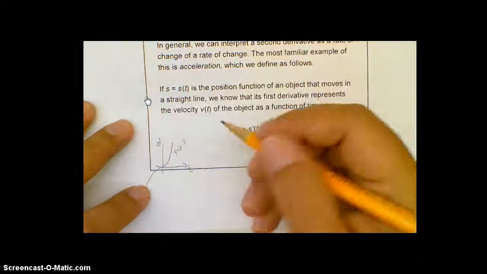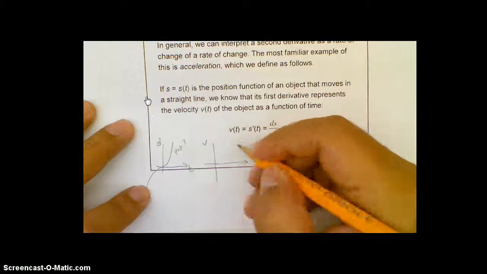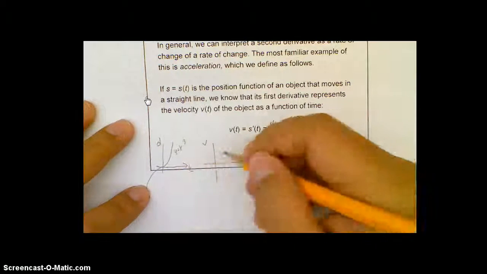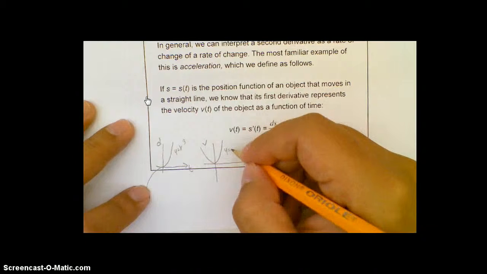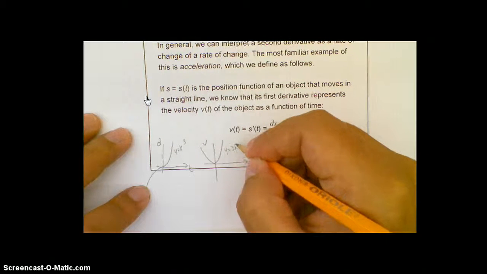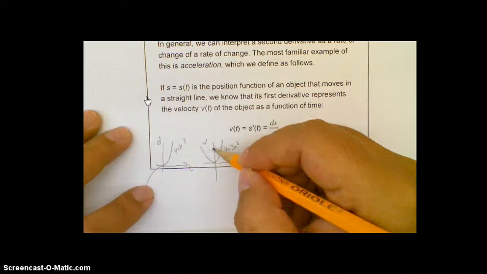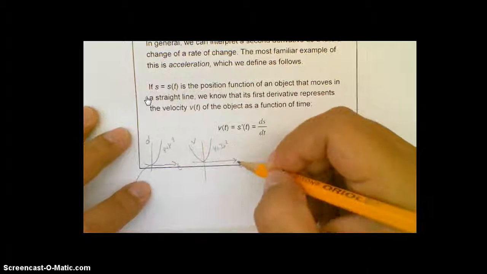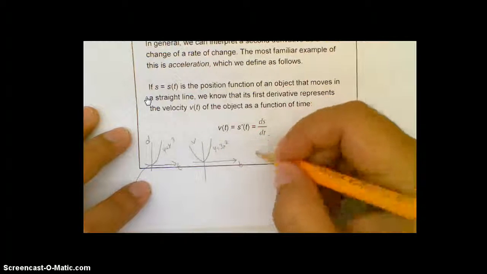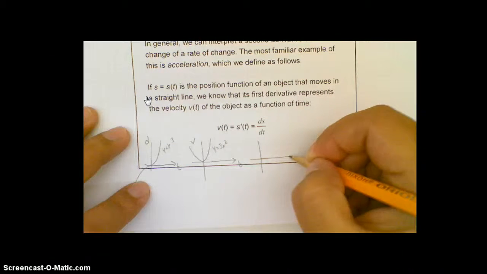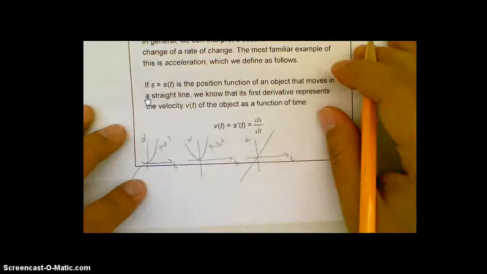The derivative of that would be velocity, which changes like y equals 3x squared. Now the derivative of the velocity with respect to time, or the second derivative of distance with respect to time, will be called acceleration, and that's the one that changes like this and it's linear.